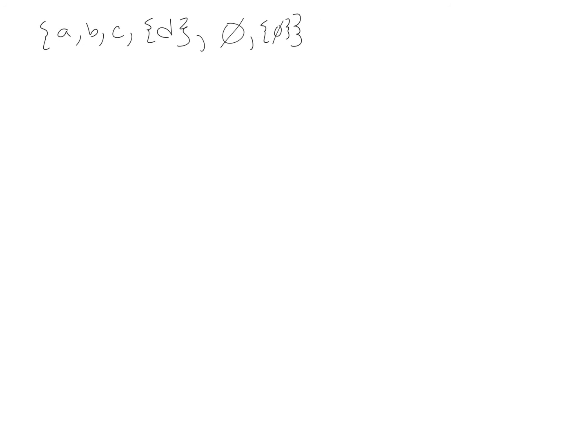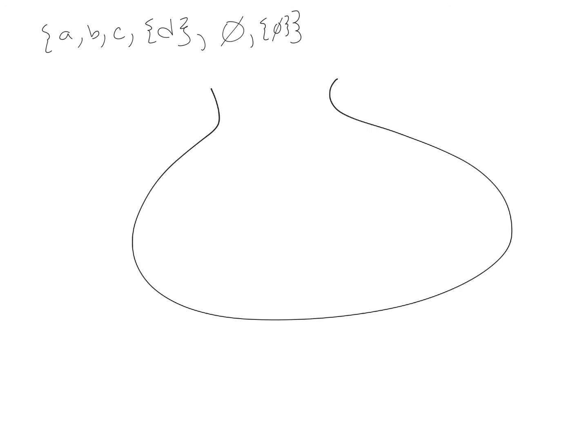If I take that set, we can represent that as a bag of stuff. So that's a big bag of stuff, and in that bag we have an A. So we'll stick an A in there, and we have a B and a C, so let's put them in.